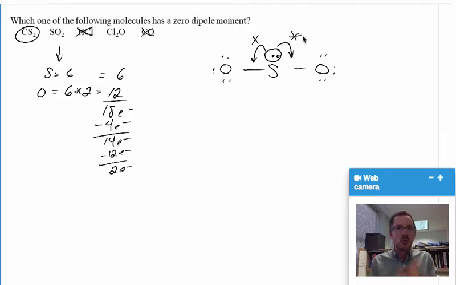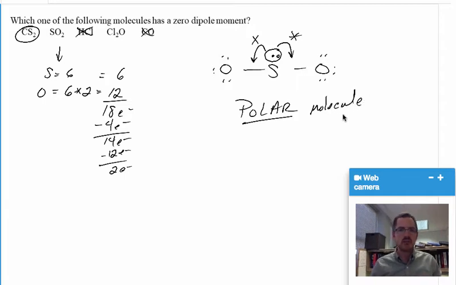So I'll be left with that lone pair on the sulfur regardless of what happens, meaning that I will have a polar molecule because my central atom has a lone pair of electrons on it. I don't know why I wrote that as an asterisk. I meant to write that as an X, meaning nope.